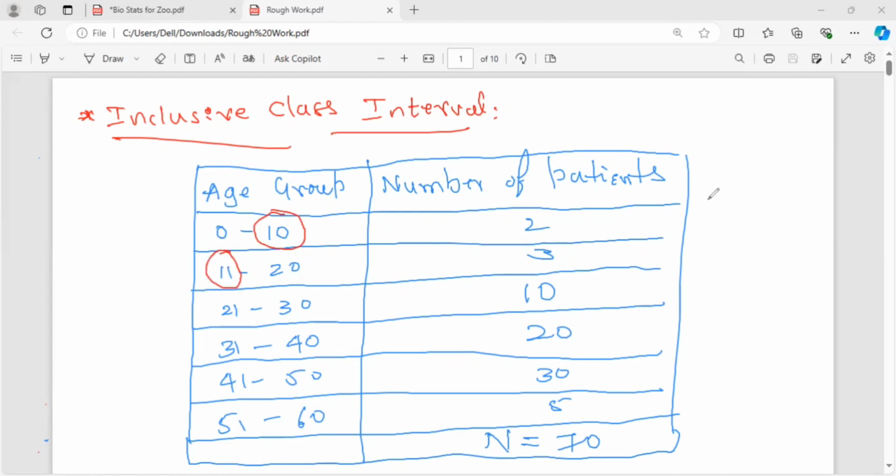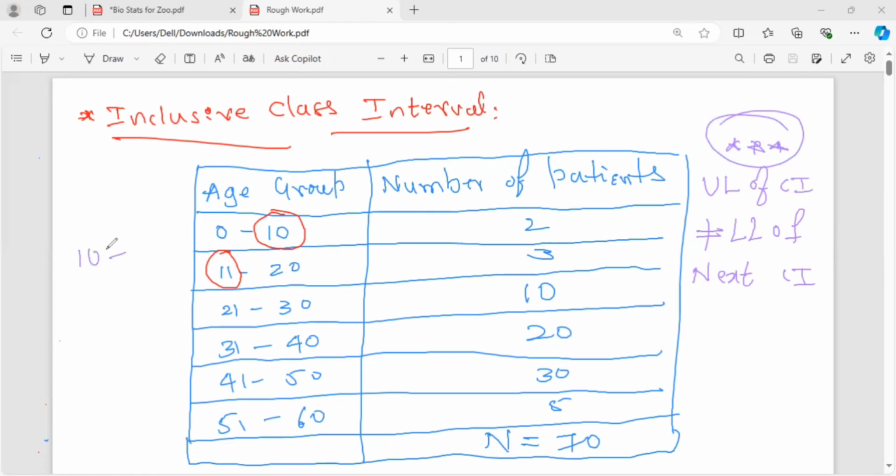See here, the upper limit of a class interval is not equal to the lower limit of the next class interval. Is it clear? This is a very, very important point for inclusive class interval. When we say inclusive class interval, the upper limit of the class interval is not the same, not equal.